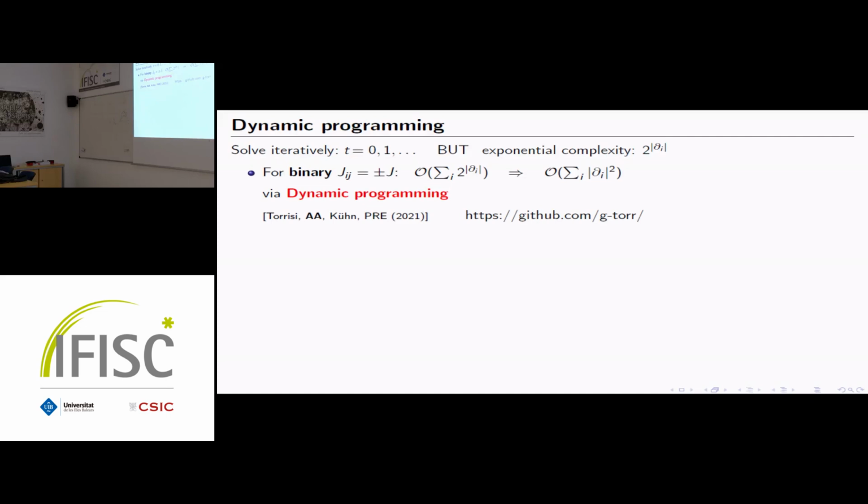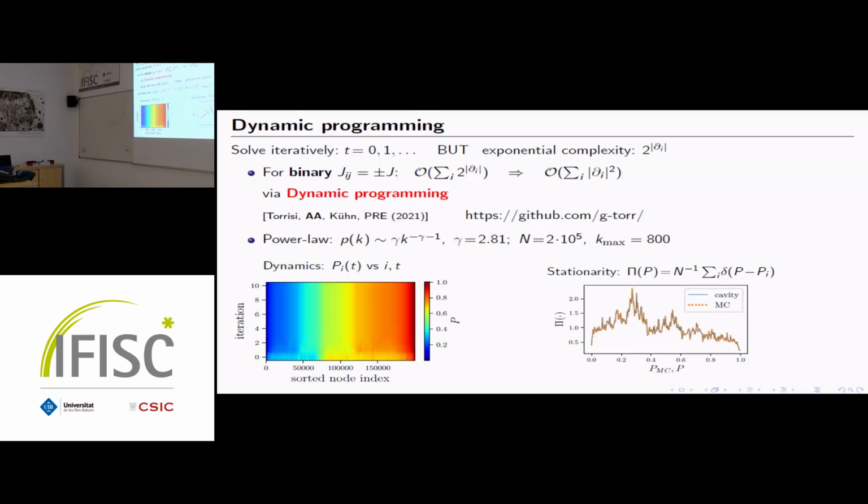But basically, the idea is that if your interactions are binary, plus or minus J, out of all the configurations of the neighbors, there is a much lower number of fields or signals that they can realize. And these signals can actually be computed very efficiently, recursively. So with this computational speedup, you can solve all trajectories for activations.